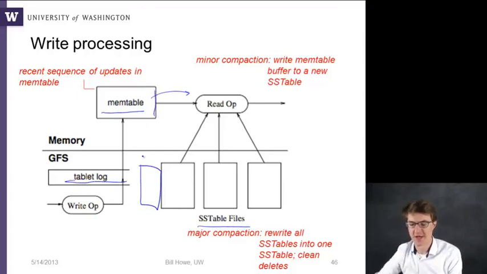Okay, and then a major compaction is take all the SS tables and rewrite them all into one big one that may be split into multiple files, and also clean up any deletes that have occurred. So deletes are just appended as instructions, but it doesn't actually remove anything, so they're sort of garbage collected. Okay, and so this way you can keep the read throughput pretty high and keep this upkeep going on in the background.